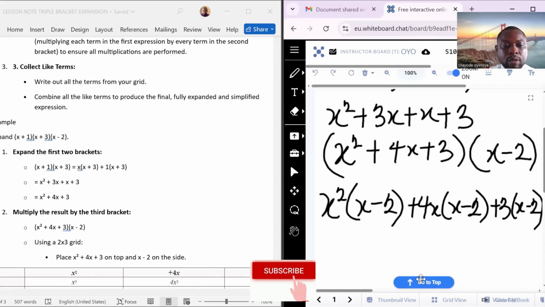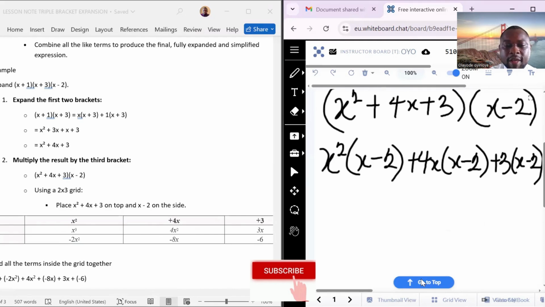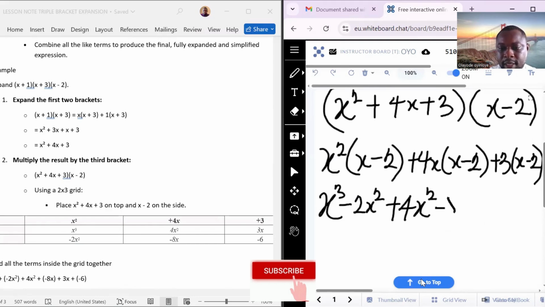We can now expand this. x squared times x will give us x cubed. x squared times minus 2 will give us minus 2x squared. Plus 4x times x will give us 4x squared. 4x times minus 2 will give us minus 8x. 3 times x will give us plus 3x. And 3 times minus 2 will give us minus 6.